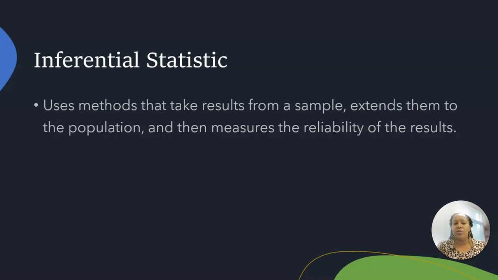And with those methods, we usually get a measure of reliability of the results, okay? We're going to talk more about that, but that's basically saying there are methods that will allow us to take the information we get from the sample and extend it to the population.